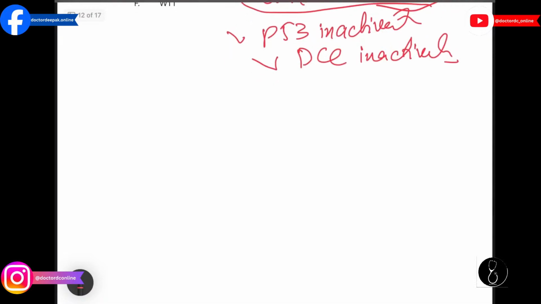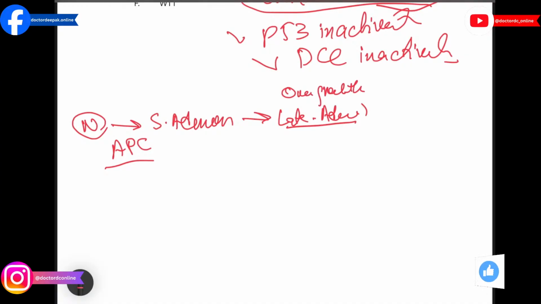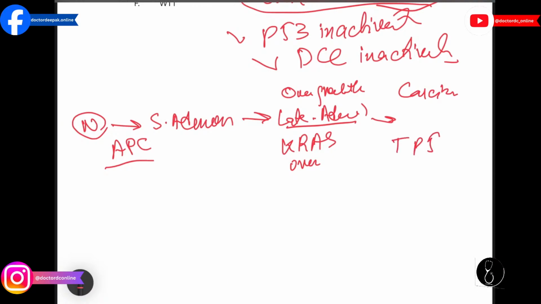Again, I want to elaborate the process. If a normal tissue wants to become a small adenoma, then APC mutation is required. From small adenoma to late or large adenoma, we need overgrowth, extra growth, so it will need a proto-oncogene and that is KRAS overexpression. And for adenoma to carcinoma, malignancy, we need TP53 inactivation.